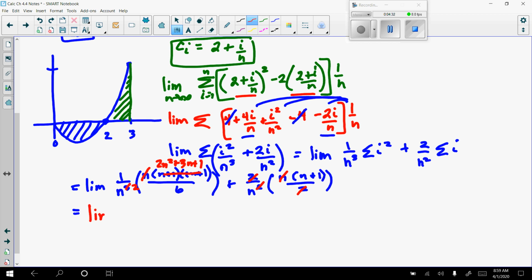So that becomes the limit of 2n squared over 6n squared plus 3n over 6n squared plus 1 over 6n squared plus n over n plus 1 over n.